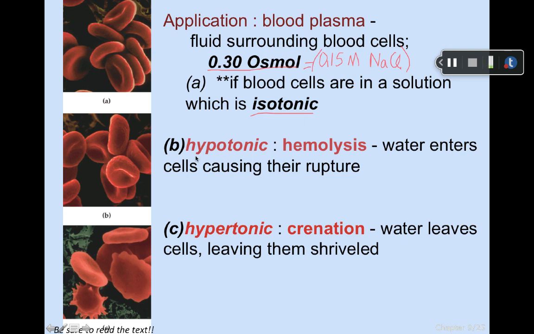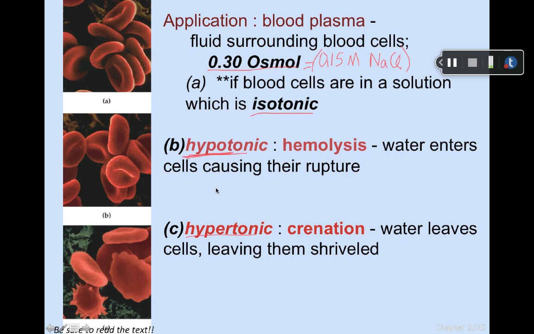If the cells are placed in a solution that is not isotonic, equivalent to the concentration of solute in the cells, you might end up with a hypotonic or a hypertonic solution. A hypotonic is what happens when it's less concentrated than the inside of the cells. It's analogous to my egg in water picture.